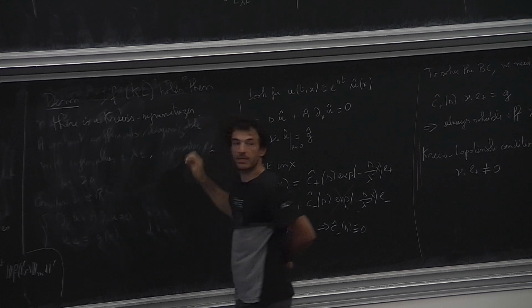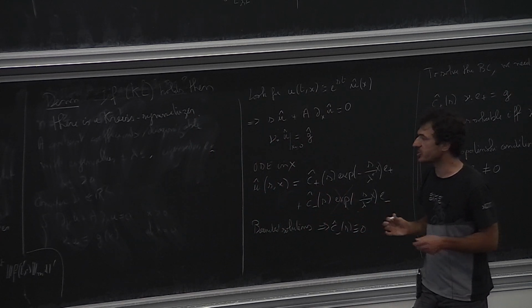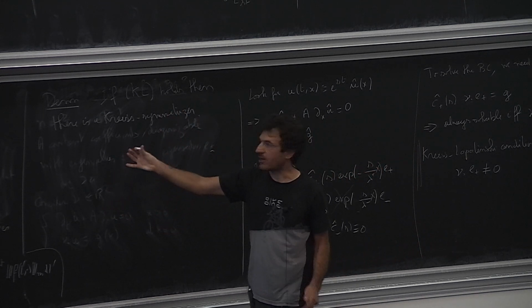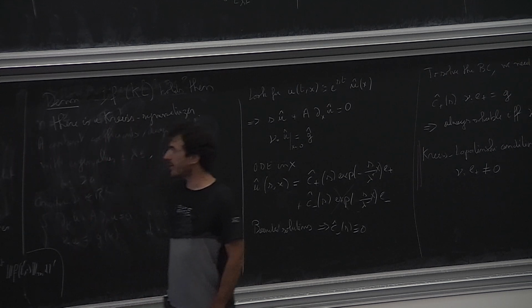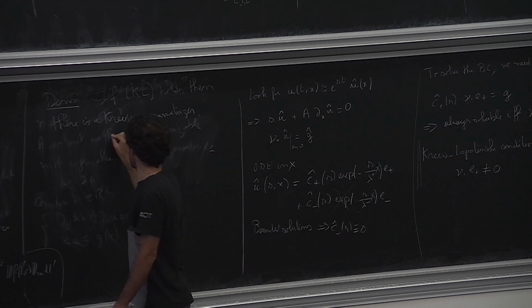In this case, this is an exercise of linear algebra. I will not do it, but it's really linear algebra. You can construct a Kreiss symmetrizer in this case, and this is why I didn't put the assumption that there was a Kreiss symmetrizer. It's implied by this. Okay, and so this is it.